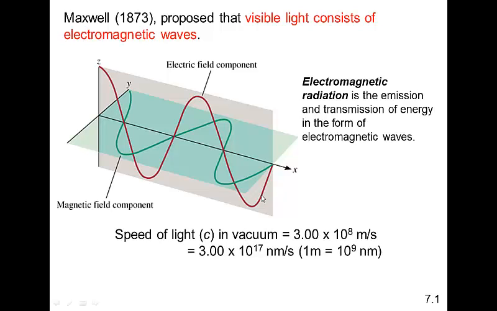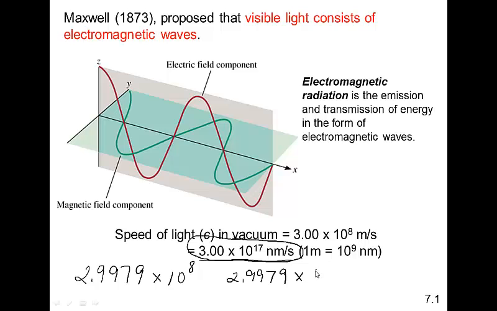The speed of light in a vacuum, you have two options. They are exactly the same quantity, they are different units. You can use 3.00 times 10 to the 8 meters per second, or 3.00 times 10 to the 17th nanometers per second. This one just converted from meters to nanometers. This is the one we're going to use most, and I'm warning you right now, your AP College Board usually writes it down as 2.9979 times 10 to the 8th and 2.9979 times 10 to the 17th.